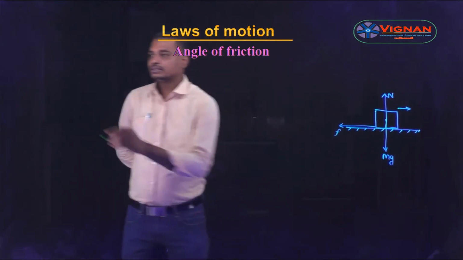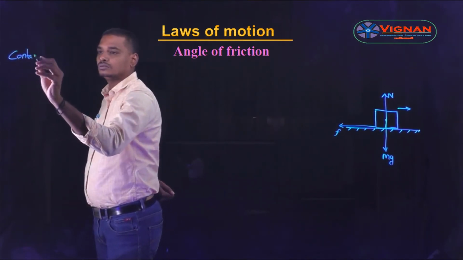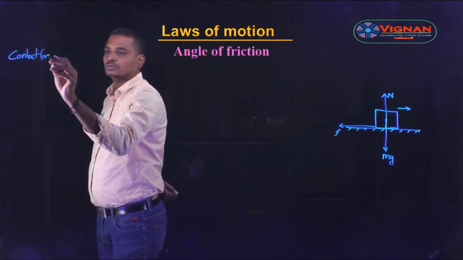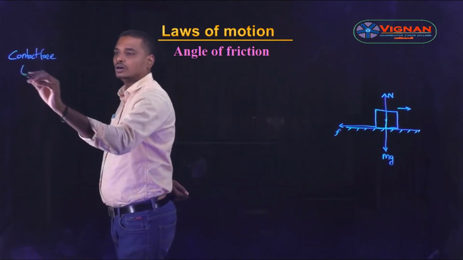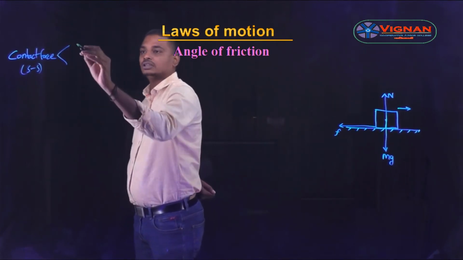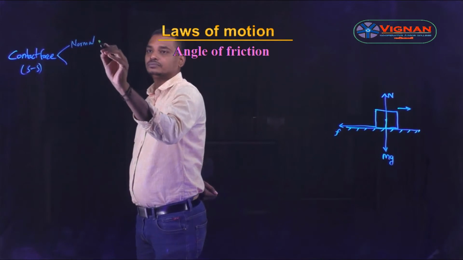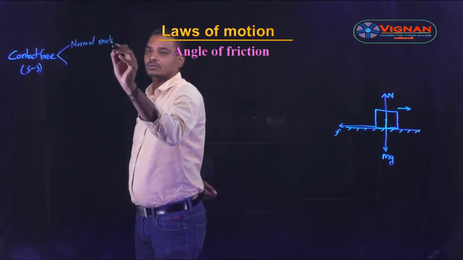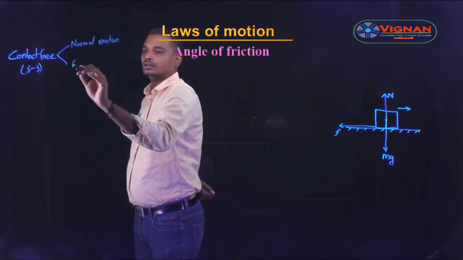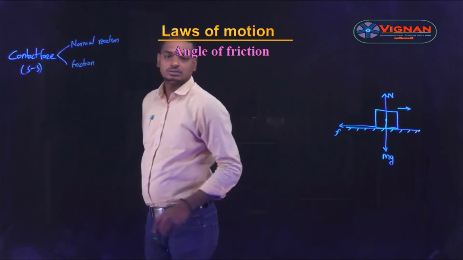Basically, a contact force between a solid and a solid is of two types: one is normal reaction, another one is frictional force.